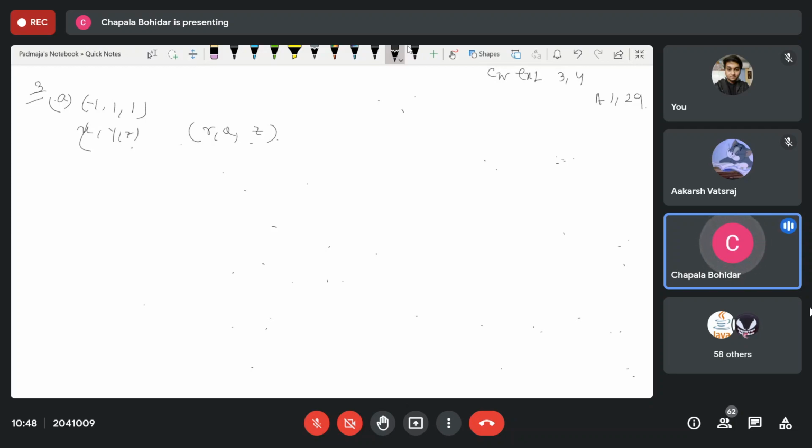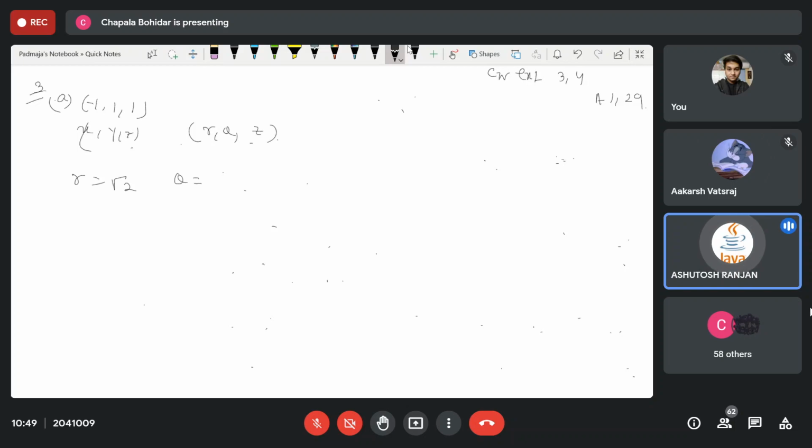What is the value of r? Am I audible? Root 2. Yes, it is root 2. Theta is equal to, already done, tan inverse of y by x. It is 1 by minus 1. In which quadrant is it?